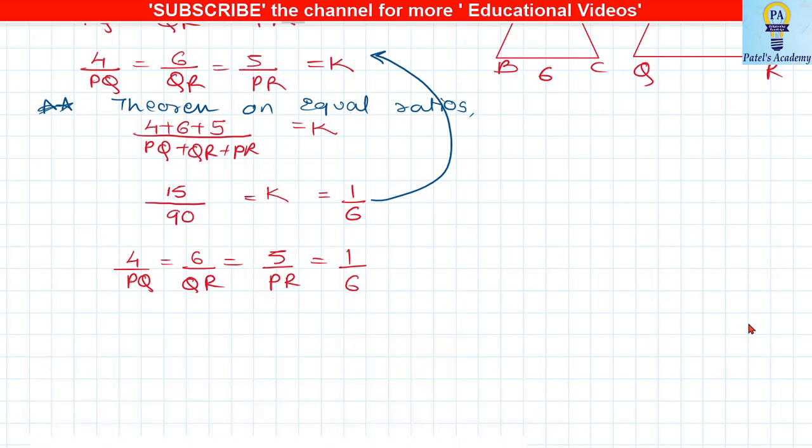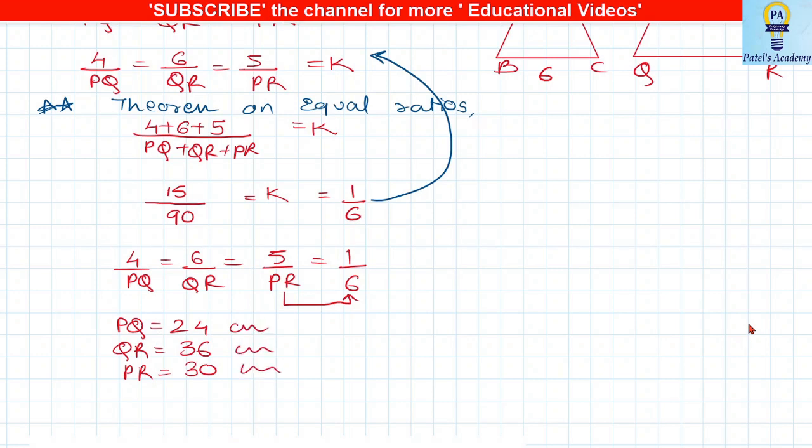If I compare the first and the last and cross multiply, I'll get PQ equals 24. If I compare the second and last, I'll get QR equal to 36. And if I compare the third and the last, I'll get PR equal to 30 centimeters.